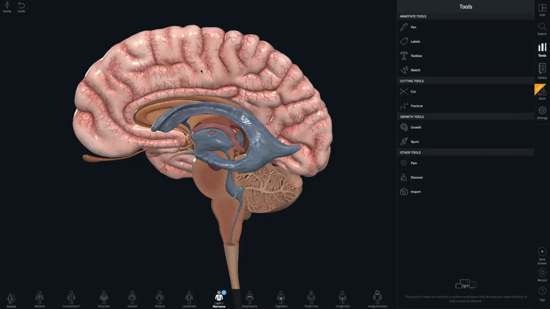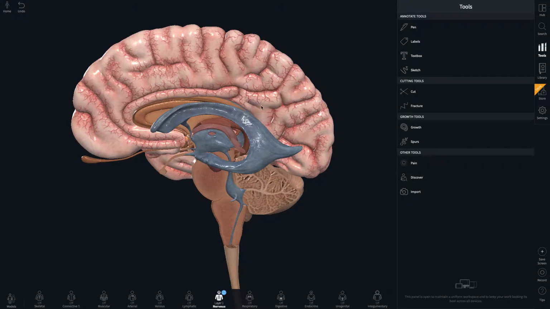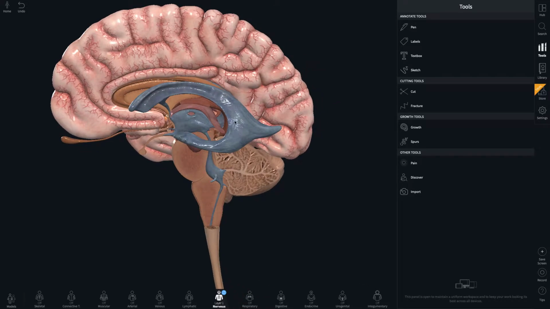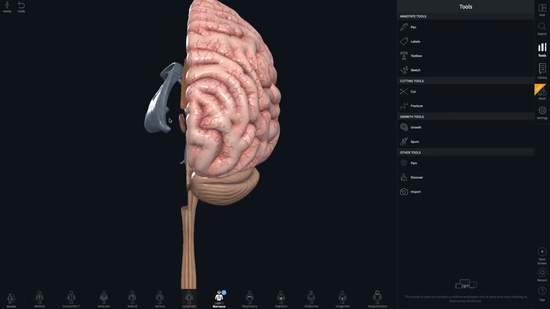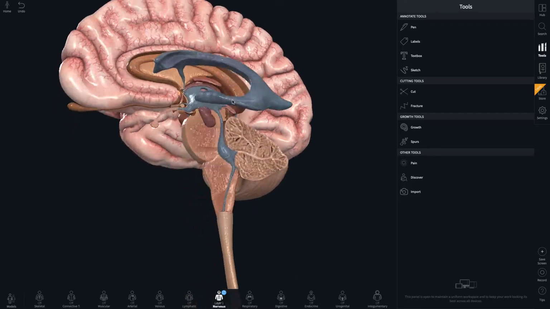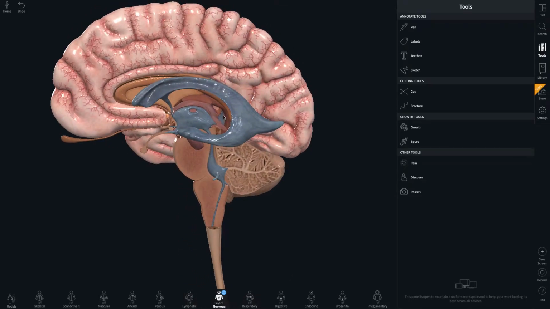Roughly, the ventricles make about 500 mL per day of this CSF through their respective choroid plexuses, and so you can respect the importance of such structures.